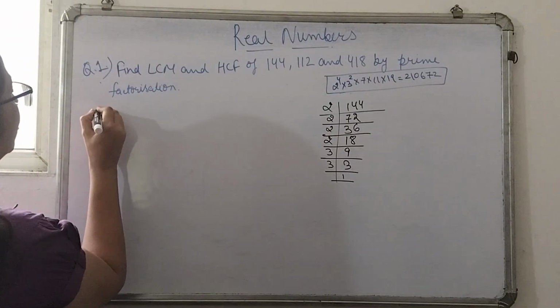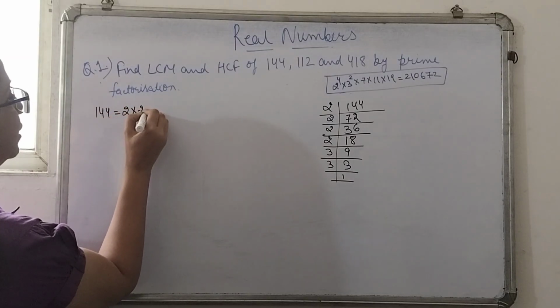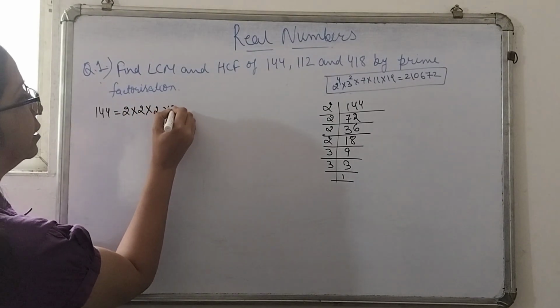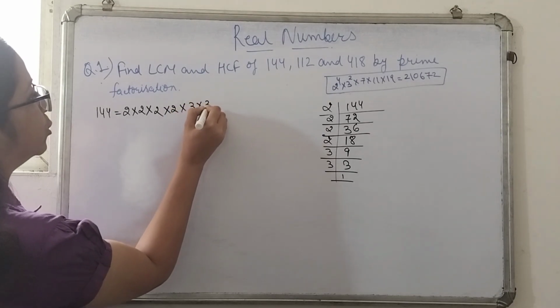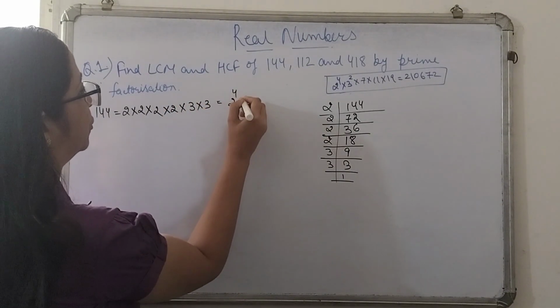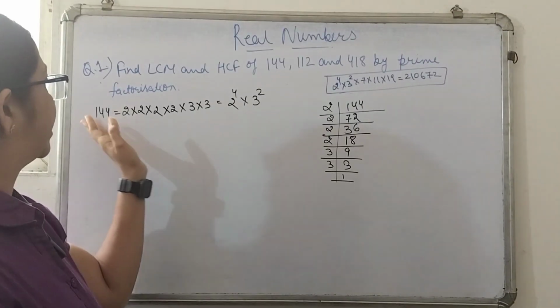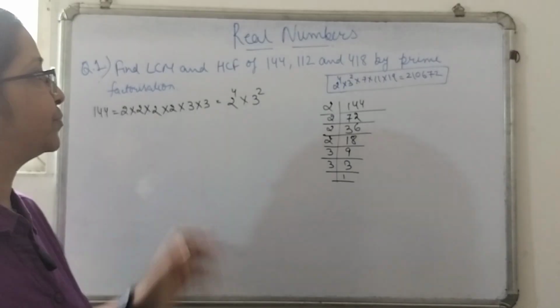That simply means 144 could be written as 2 multiplied 4 times and 3 multiplied 2 times. That means it can be written as 2 raised to the power 4 multiplied by 3 raised to the power 2. This is the prime factorization of 144.